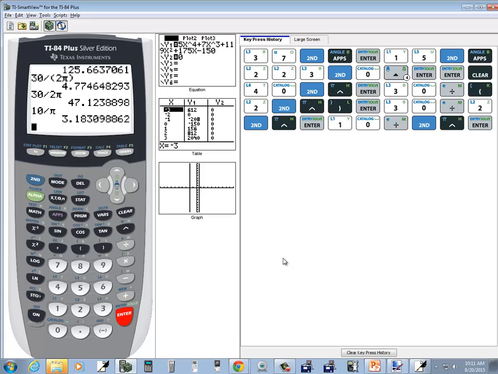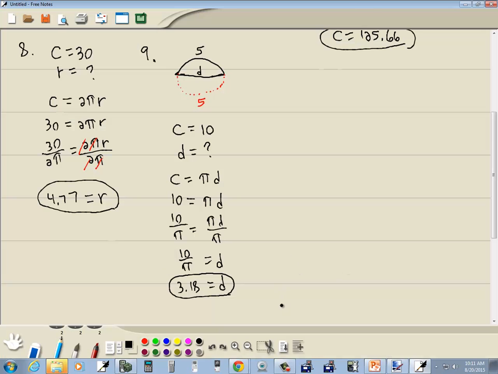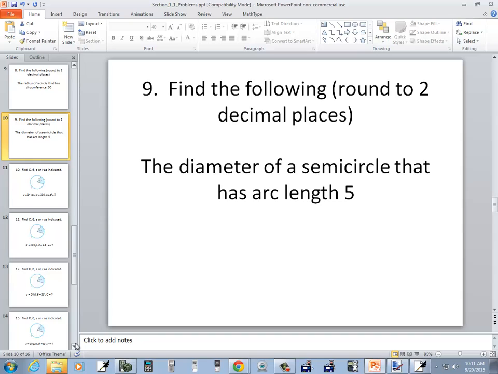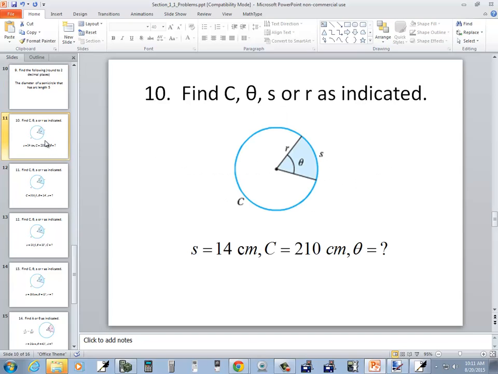Now the next problems, let me get over to them. I want to show the picture, and I'm going to talk about how the formula is derived for this. We got a circle here. Now this S represents the length of this arc. The C represents the distance all the way around. That's our circumference.